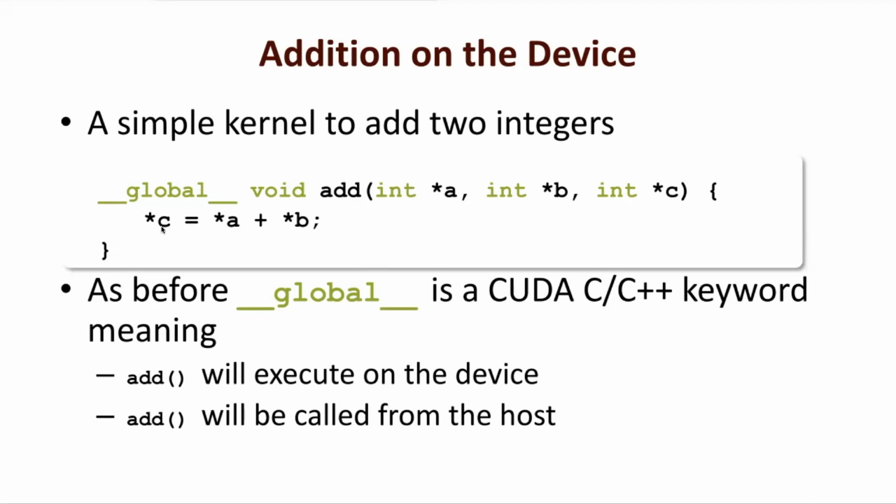So what you're doing here is getting the values from A and B, adding them up, and then saving to the memory where C is located. That's what this function is trying to do. As before, this underscore global is a CUDA C and C++ keyword, meaning that this addition will run on the device and will be called from the host, okay?